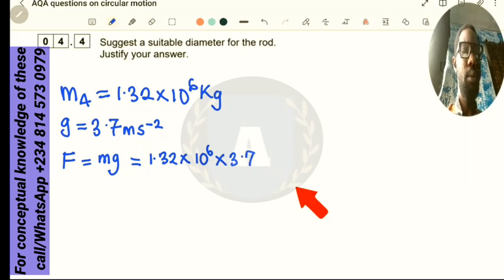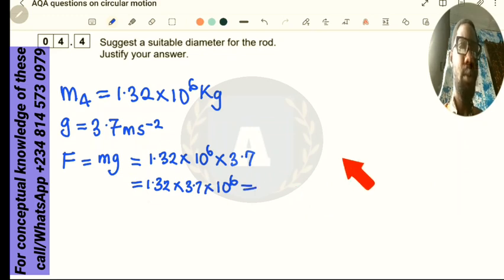On calculating that, we have 4.88 times 10 to the power of 6 Newton.